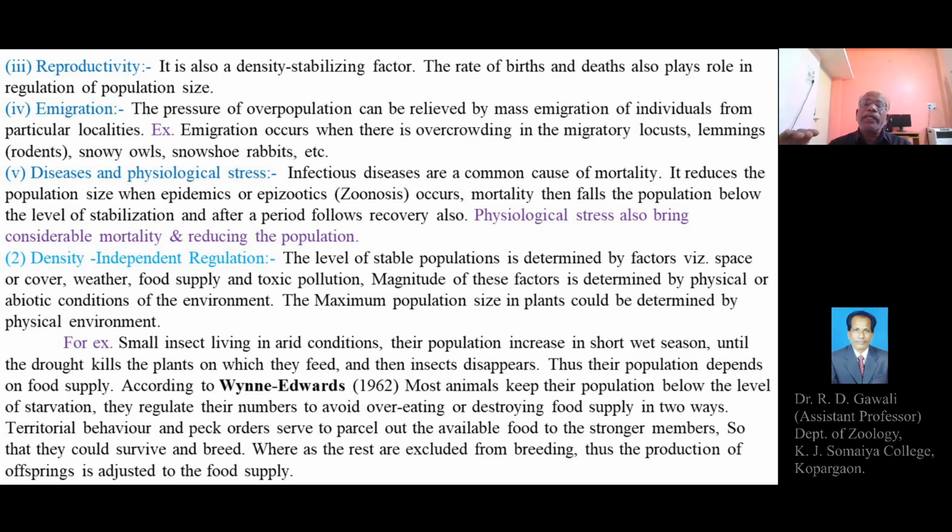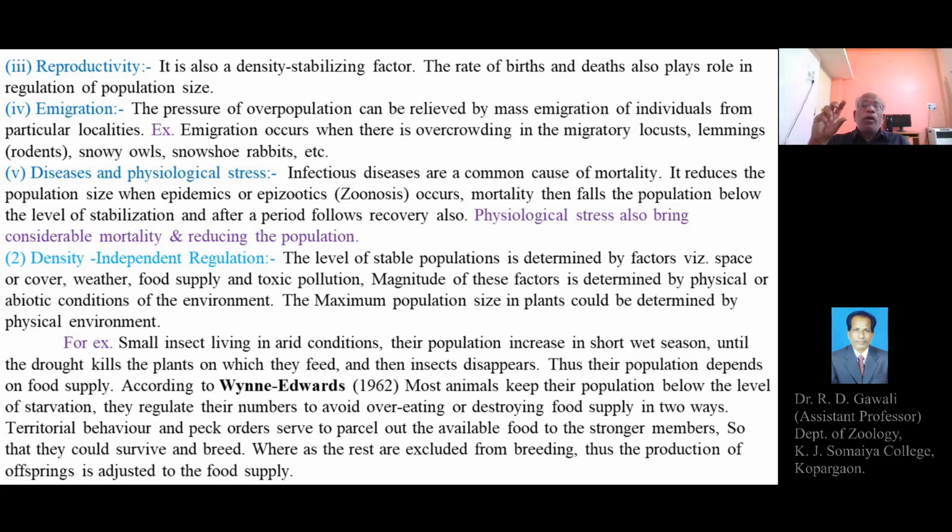For example, small insects living in arid conditions or in the atmosphere increase in population in a short wet season, the rainy season, until the drought kills the plants on which they feed.